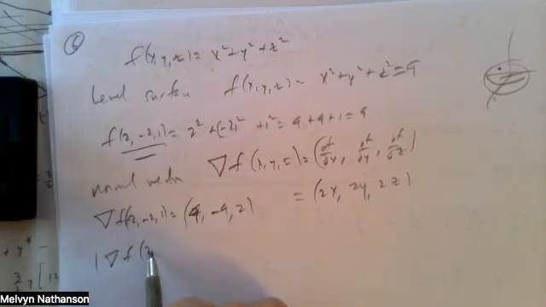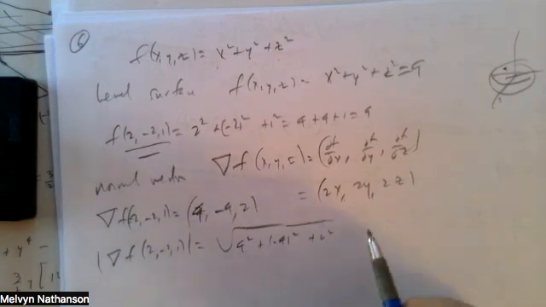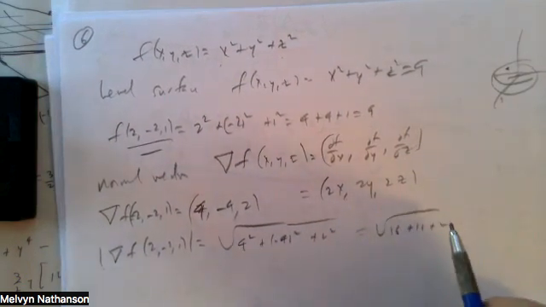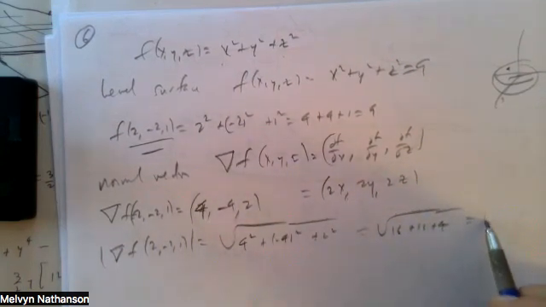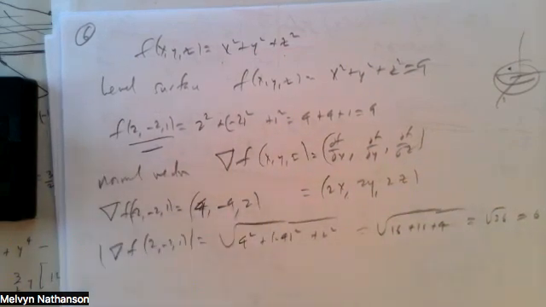But of course, this is not a unit vector. You take the length of this vector, that's the square root of 4 squared plus minus 4 squared plus 2 squared. That's the square root of 16 plus 16 plus, sorry, plus 4. That's the square root of 36. That's 6. So this vector has length 6.